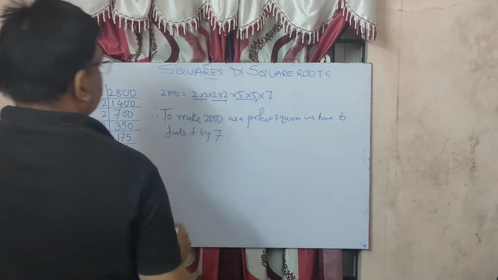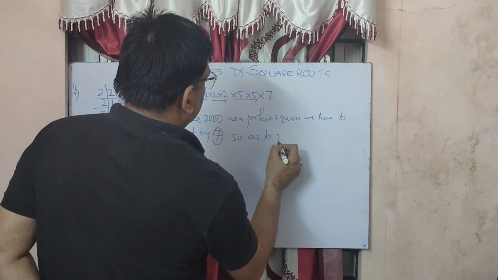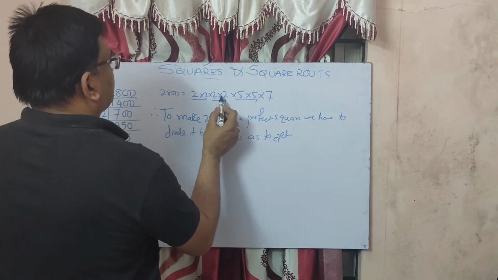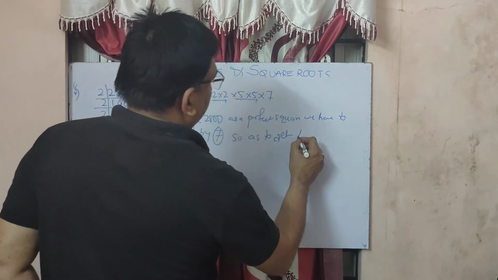Divide it by 7, so as to get how much? 2 fours are 4, 4 twos are 8, 8 twos are 16, 16 5s are 80, 80 5s are 400.